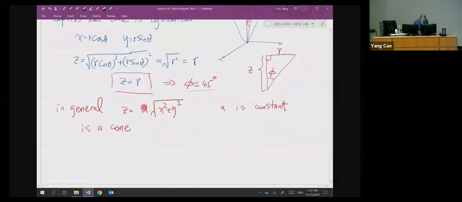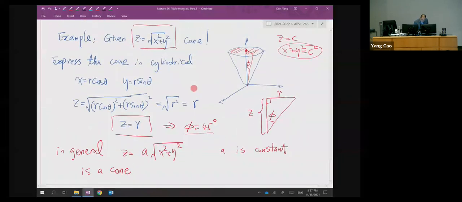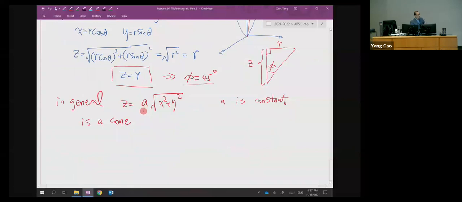The next question is, what if the coefficient here is not 1 but some other number? So the a value is a different number. How does that change the geometry of the cone? Let's take a look. Let's say, for example, a equal to 1 over root 3. Let's use a different cone surface, so I get z equal to 1 over root 3 times the square root of x squared plus y squared.